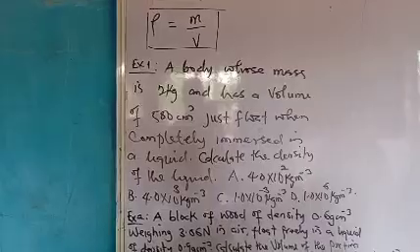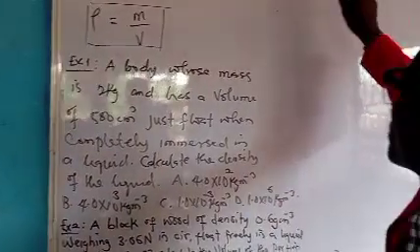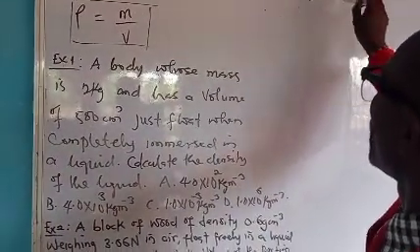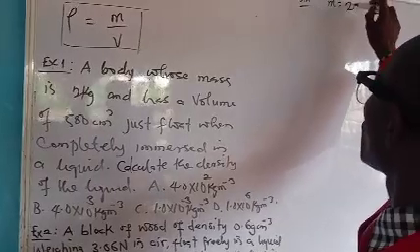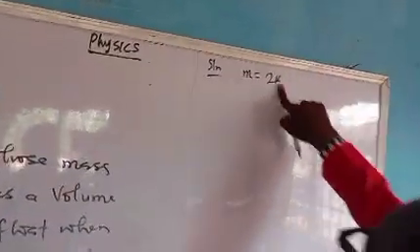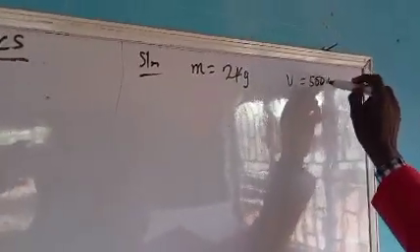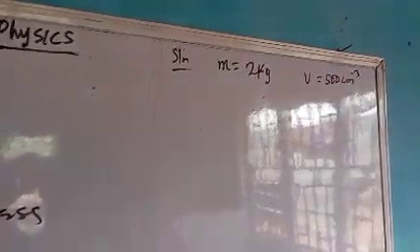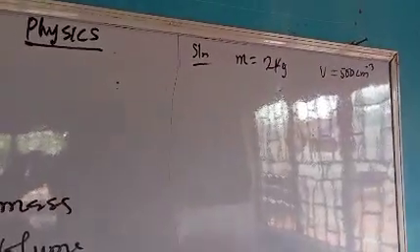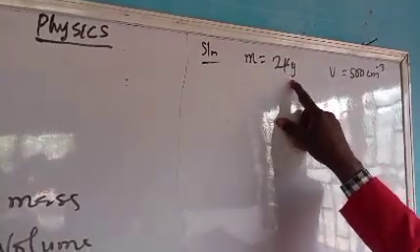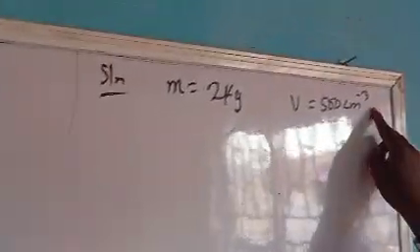Now, if you look at it very well, they gave you the mass of the body. Solution. They gave you mass as 2 kg. They gave you volume as 500 cm cube. They gave you something like this. Now, if you look at this unit, here is in kilogram. Here is cm cube. But remember I gave you the unit of density.